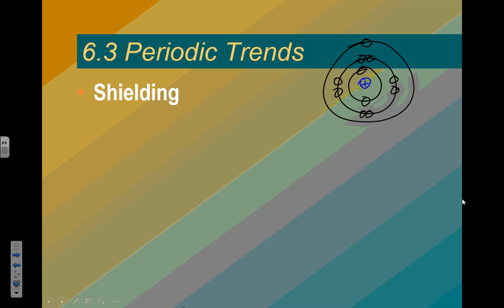Now, shielding is how these inner level electrons, all of the ones in this ring and in this ring, interfere with the nucleus's ability to attract and hold on to valence electrons. Shielding is dealing with that situation.